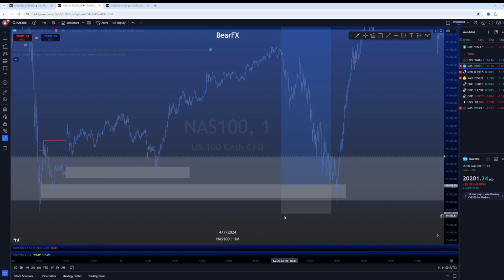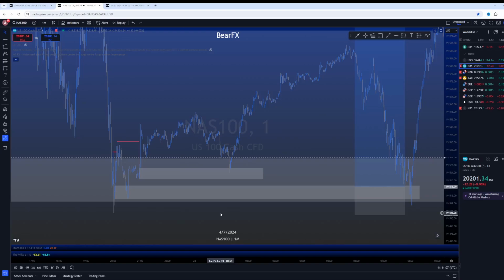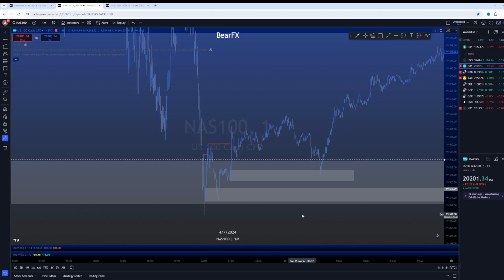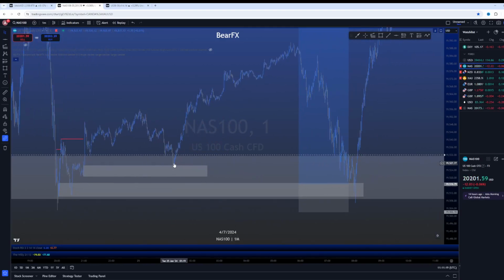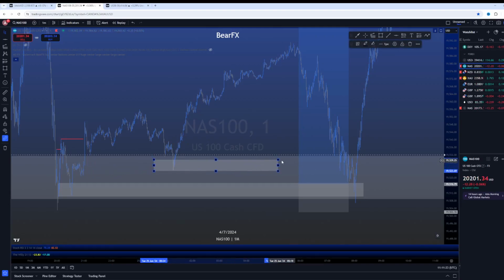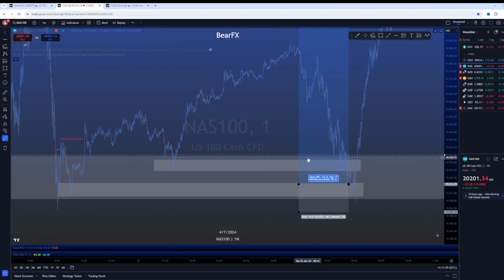So this one is a quick one because this is literally all you have to do. It's just identifying the entries on a 1 minute time frame as opposed to being on the 15-minute time frame. You could, even if you wanted to get in on this zone, it's not the best entry. You're not getting the best price, but as long as you've got your stop loss below that low, you're still going to have a decent trade.